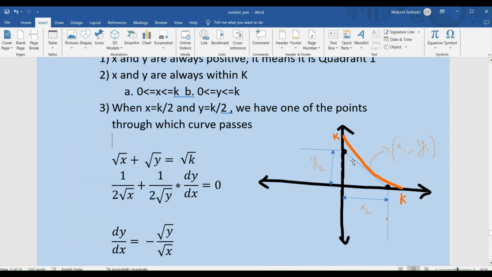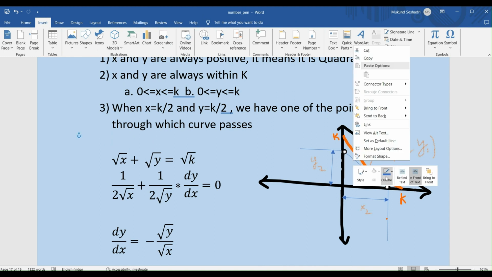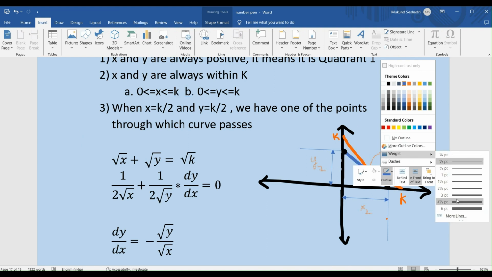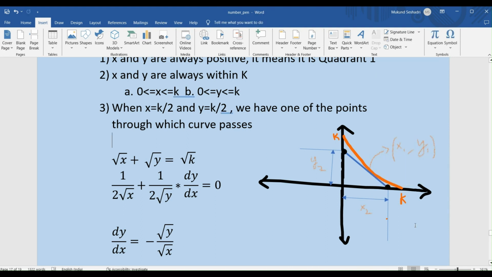Let me see if I can improve the thickness of this line. And I'm calling the point where the tangent touches the curve x1, y1.